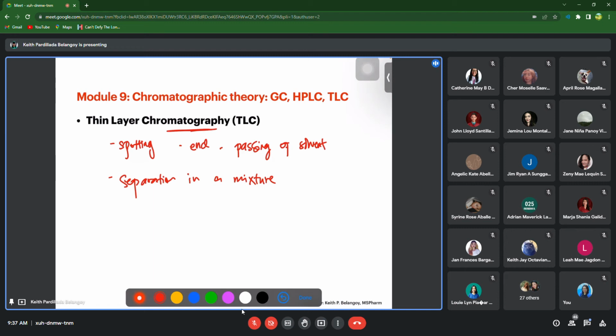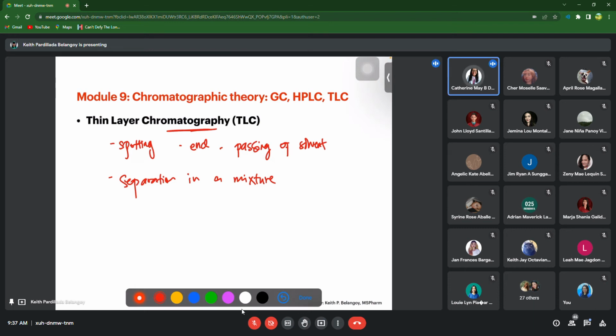Is there anything you would like to add, Dulos? For TLC? Dulos? Ay, sorry, ma'am. For TLC po, yeah, as what you said, it was the easier one, and also this is a technique in identification for the compounds and to determine the purity of the following or the progress of a reaction, and also a separating technique by its differences in polarity.